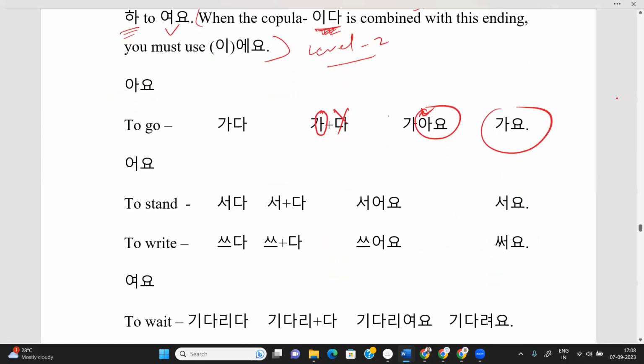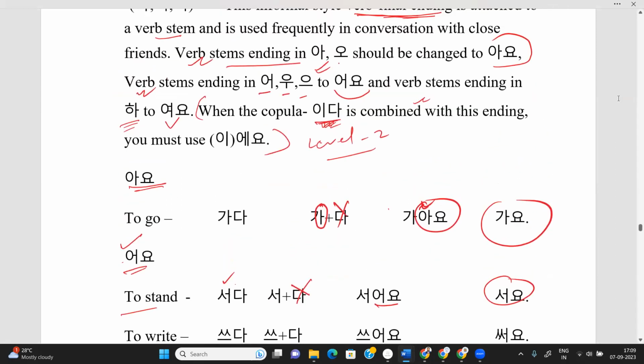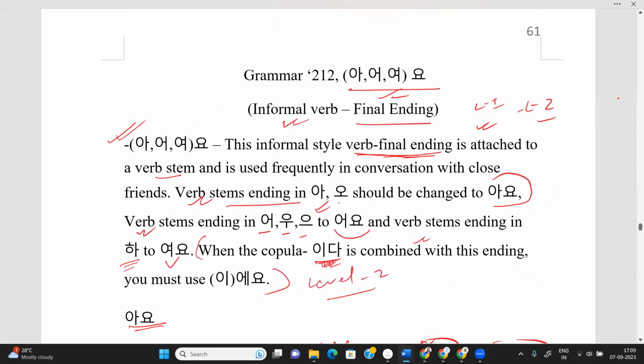Next is oyo. Oyo is for standing, seoda. So o and da. Remove this da, add this oyo. So it will become seoyo according to here. It is not mentioned here in which it will change, but here you will say the final ending will be like this.